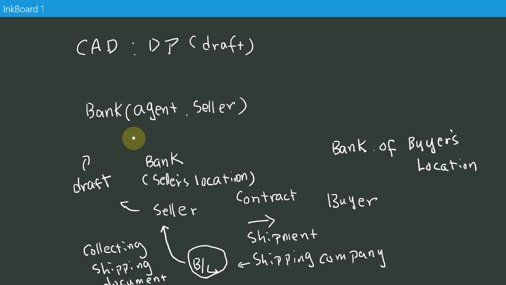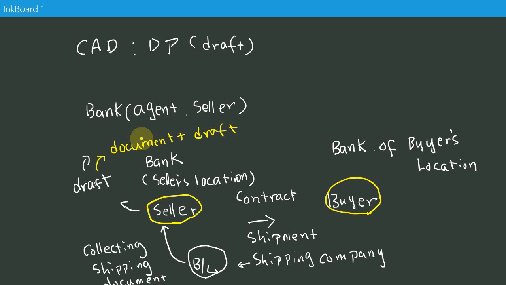Urging the buyer. A paper product, right? Okay, draft and the shipping document, shipping document plus draft. The draft is issued from whom? From the seller, right?